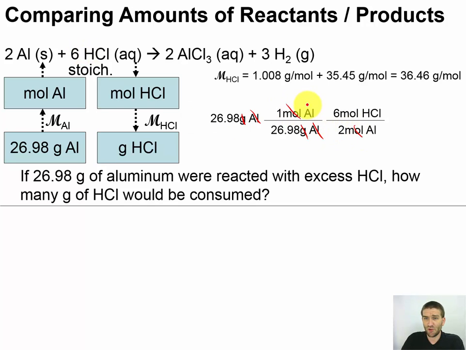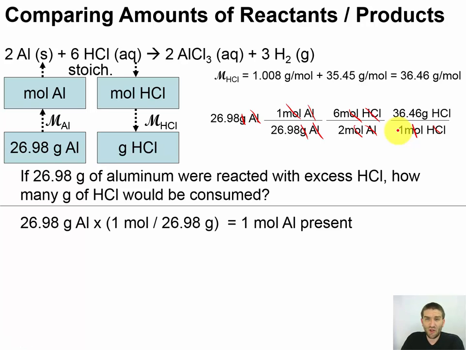Moles have cross-cancelled, aluminum cross-cancelled. I am now in moles HCl. The last piece of the problem is going to be converting to grams of hydrochloric acid by using the molar mass of hydrochloric acid, which we figured out here. So it'll be moles in the bottom to cross-cancel, grams on the top, moles cross-cancel, HCl cross-cancels. You can see our final answer is going to be in grams of HCl. So we're going to multiply our numbers across, we're going to divide across, and that's going to give us our final answer.